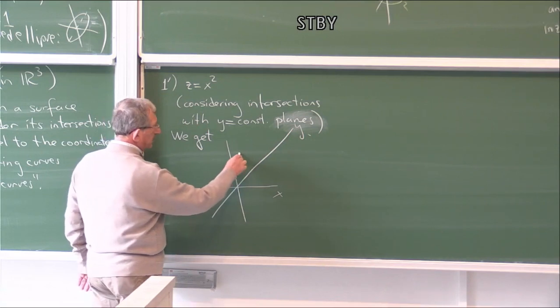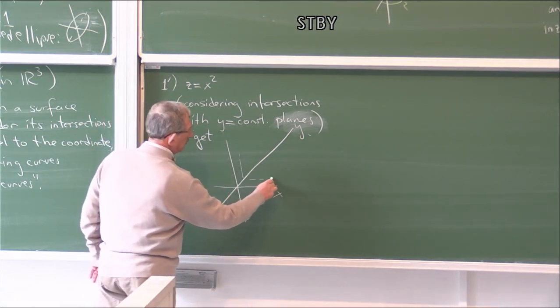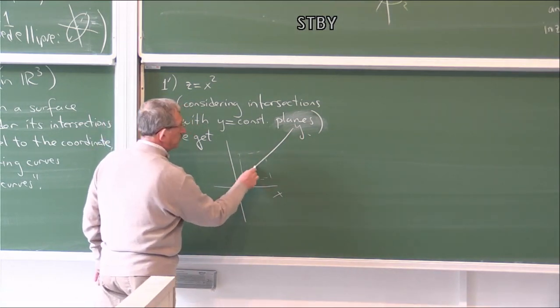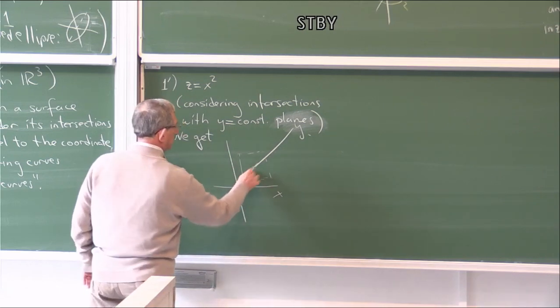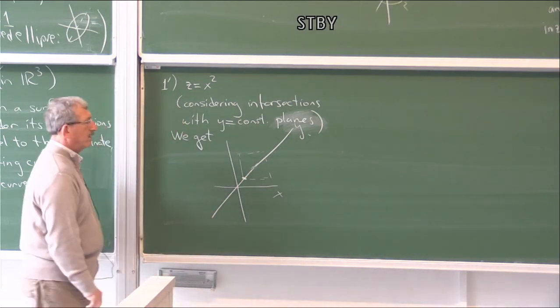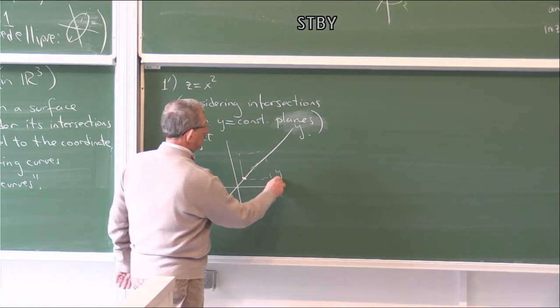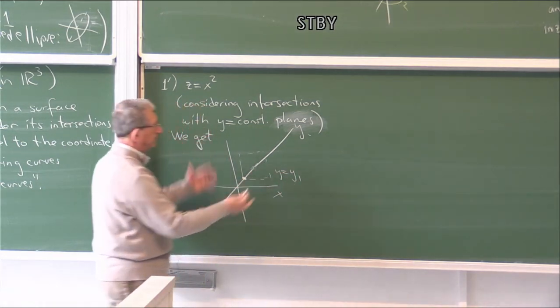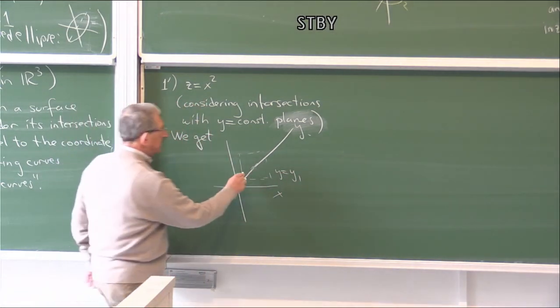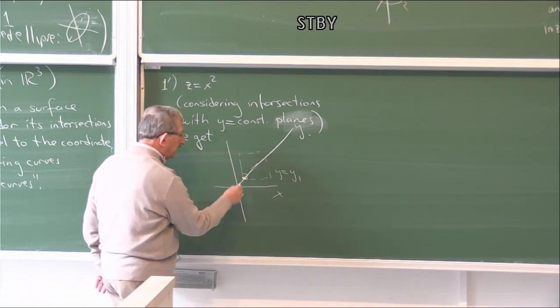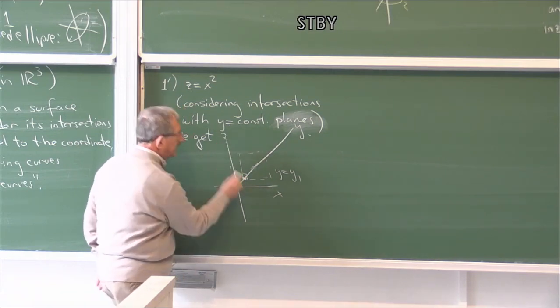Now, if you consider a fixed y value here, this would be y equal to some y1 plane. It is vertical, it's parallel to the zx plane.